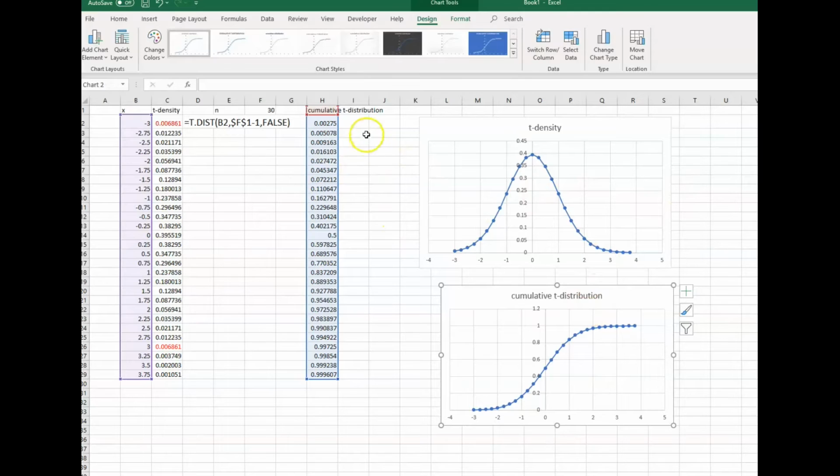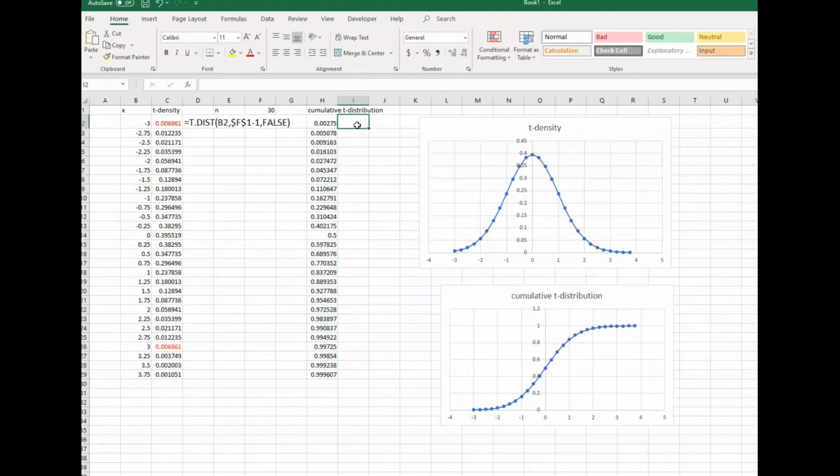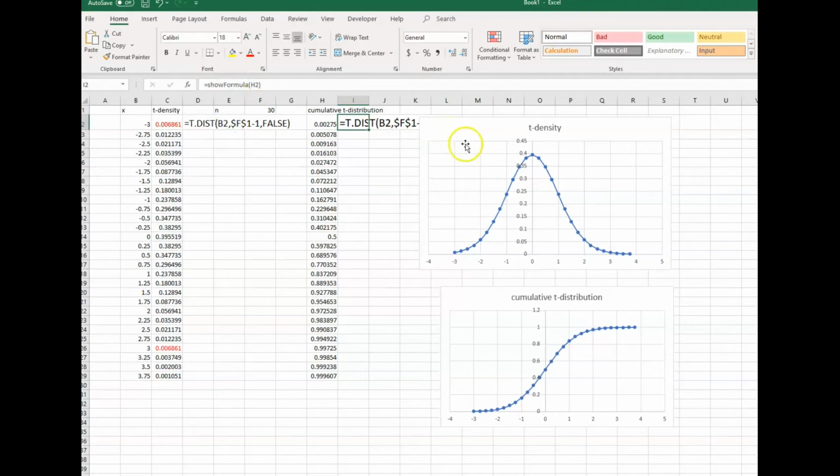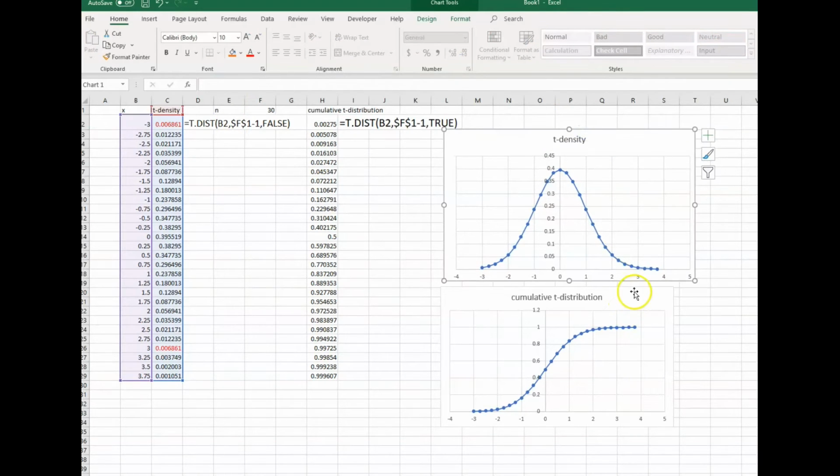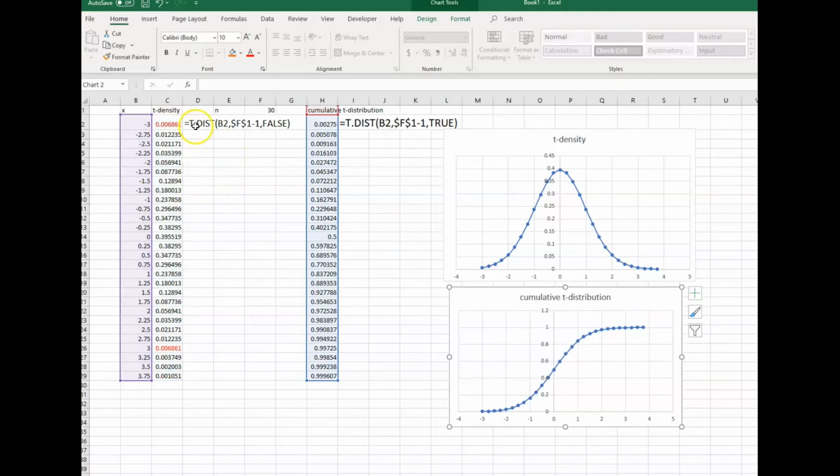I'm going to use show formula to show the formula of this one. And if you compare with the first one, you see T.DIST, the same function: B2, F1 minus 1.